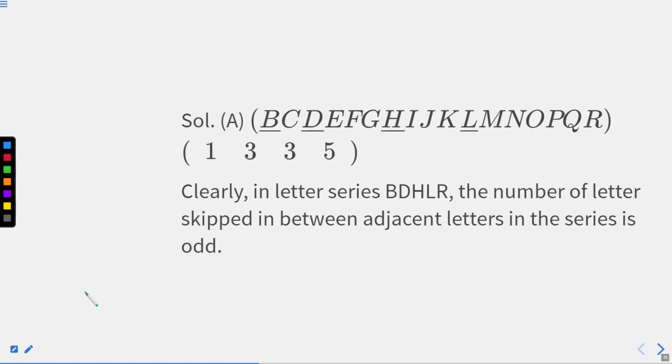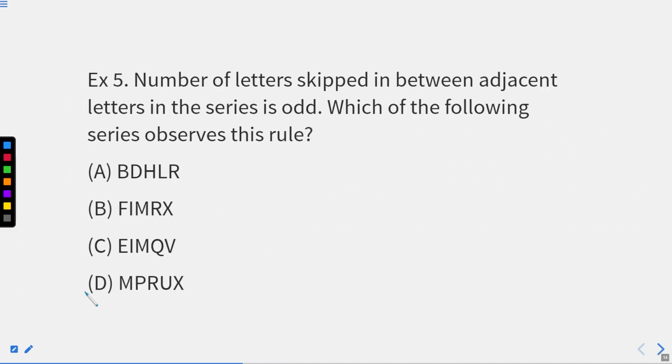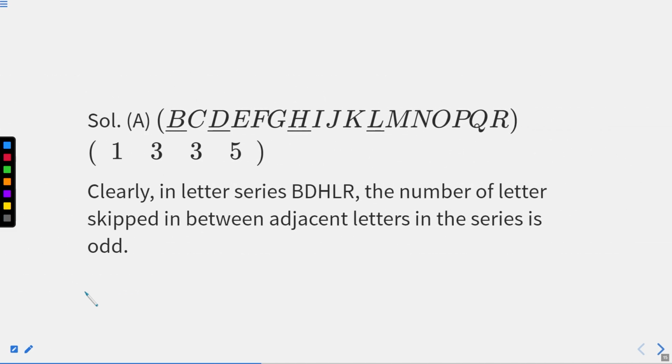So similarly, if we check the complete option, as per the alphabetical series we have B, C, D, E and F till R, and between B and D we have one letter, that is C, between D and H we have 3 letters, between H and L we have 3 letters, and between L and the last letter R we have 5 letters.